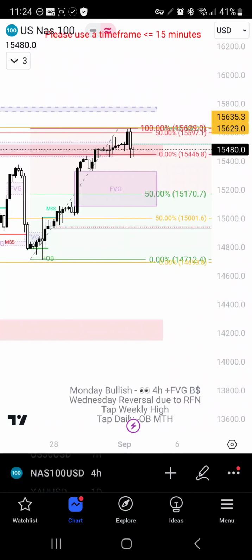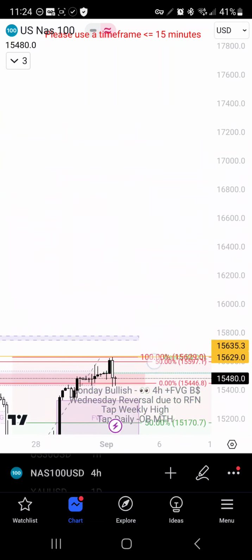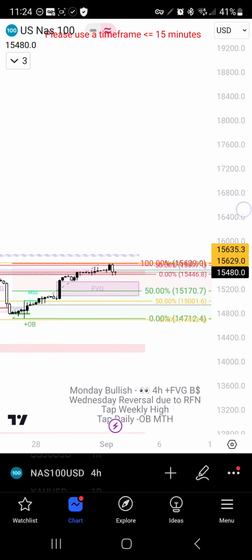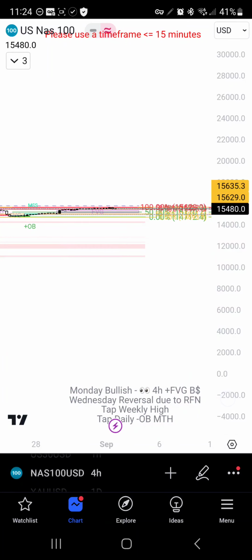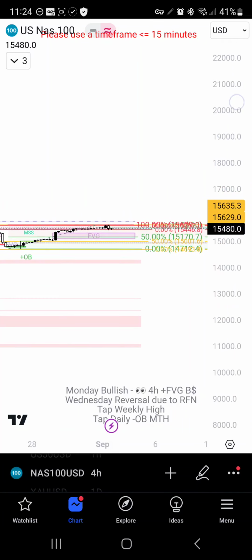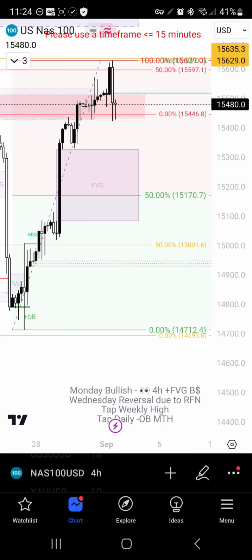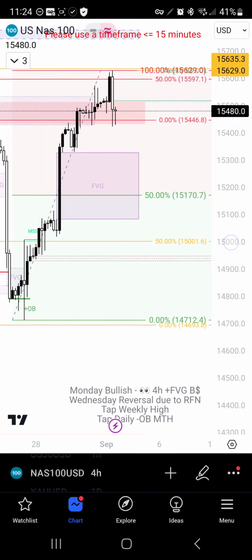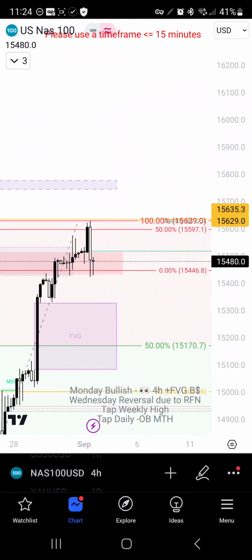And we'll probably go sideways on Tuesday and then get an injection of volatility on Wednesday to push the market up into our weekly and daily draws on liquidity.